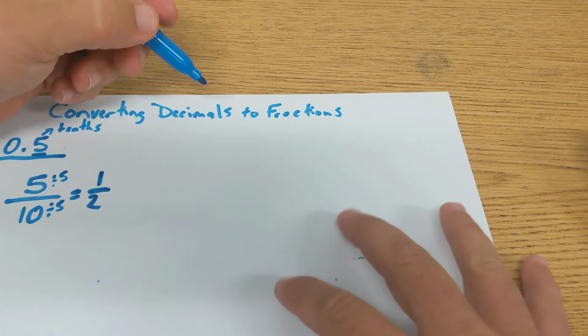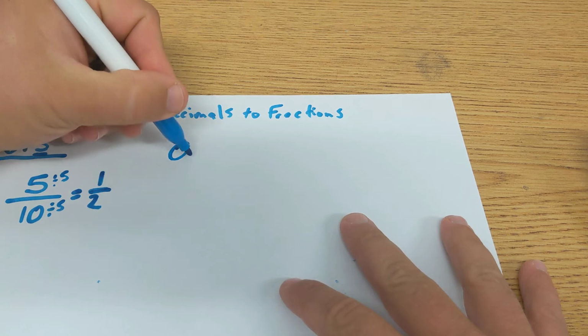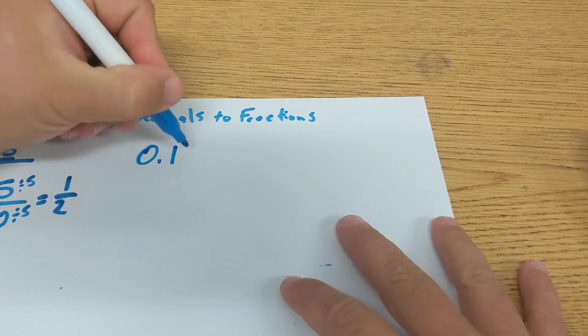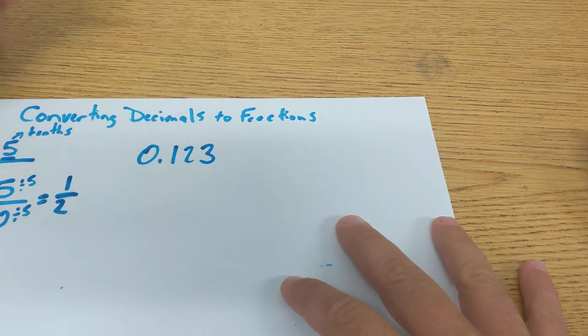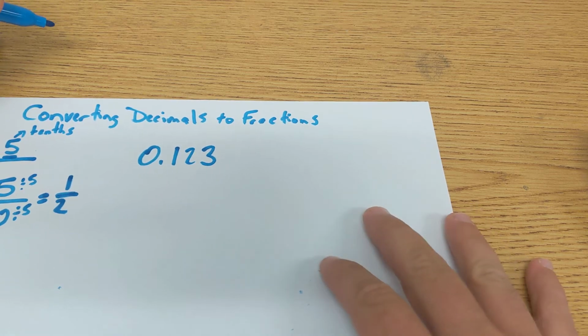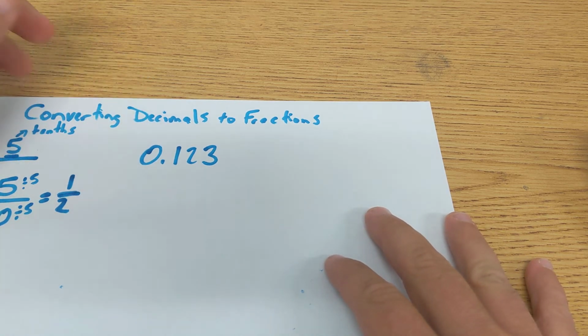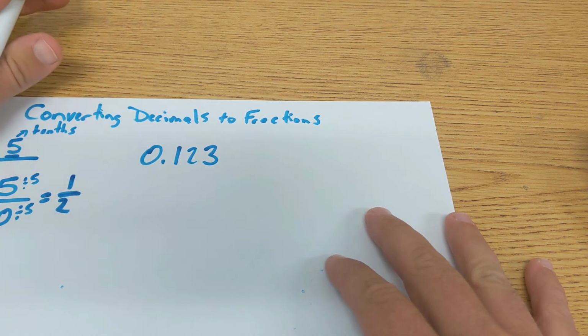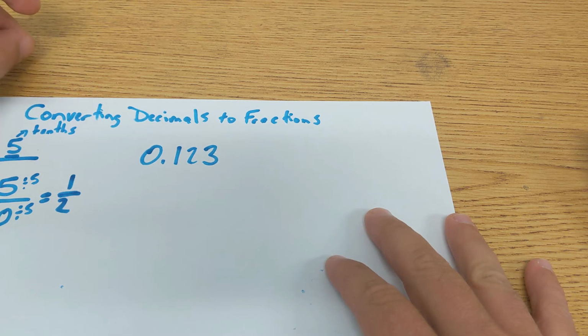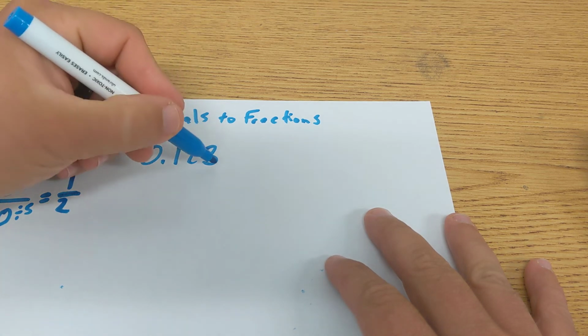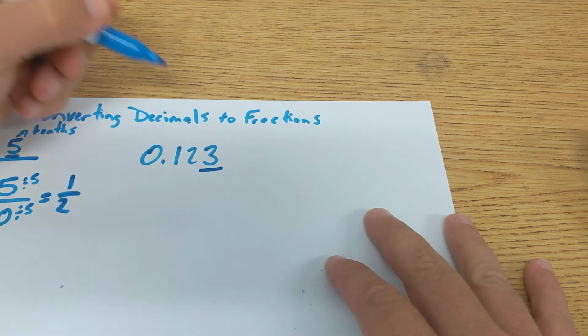Now, let's look at a little bit different decimals. I'll just write 1, 2, 3. I told you that we place all the numbers in the decimal over whatever the last digit is. So the last digit is 3.